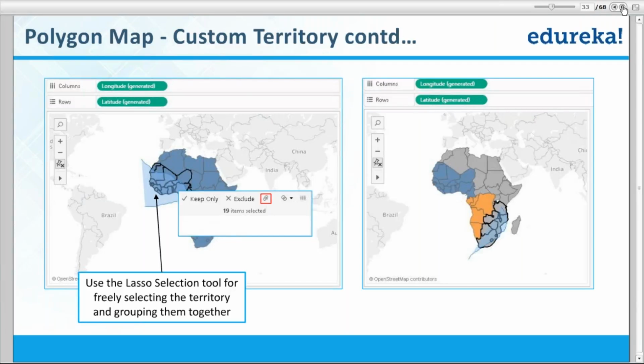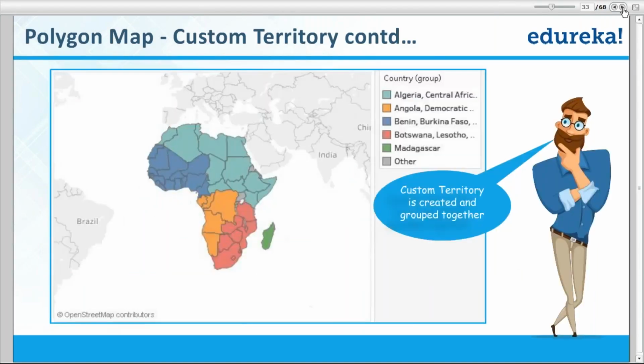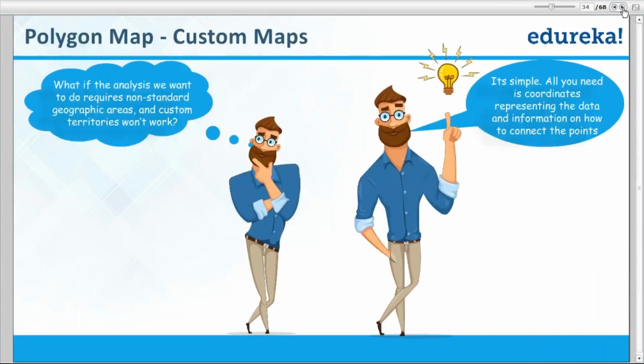So would you all like to try it in the background and let me know, friends, if you are able to do that selection? Are you all able to do that? Let me know if you are finding any difficulty. I need to show that once again, let me know.